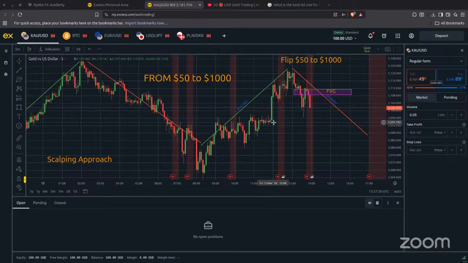We don't make that money now, so I just have to go and watch yesterday's stream to understand more about the fair value gap. Can we sell now? It's not easy on a small account. This is crazy.